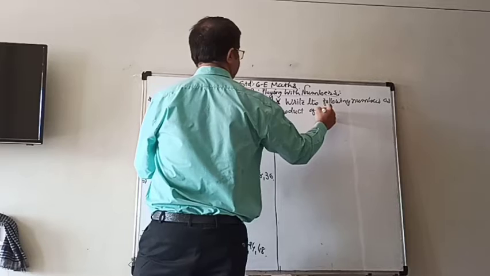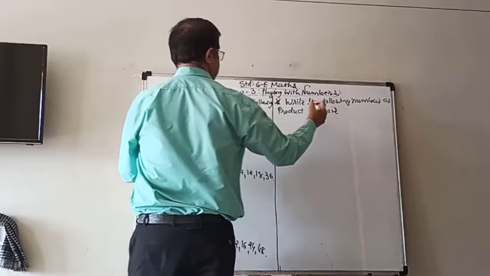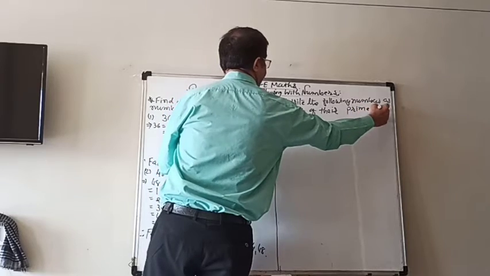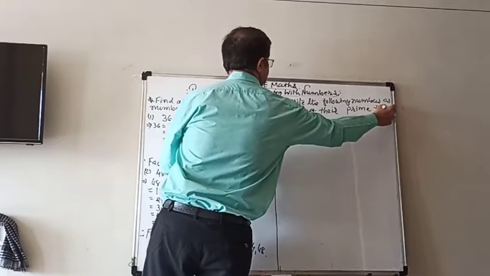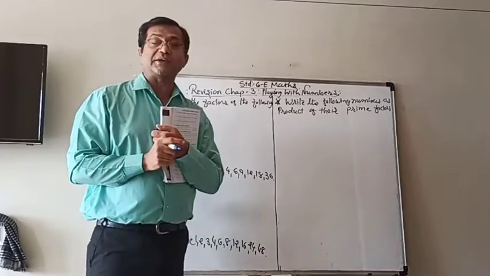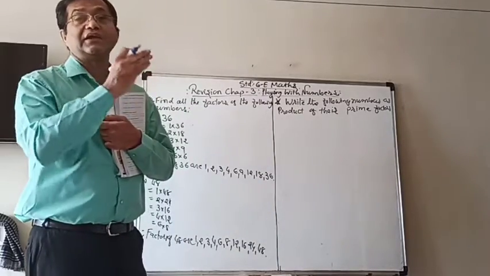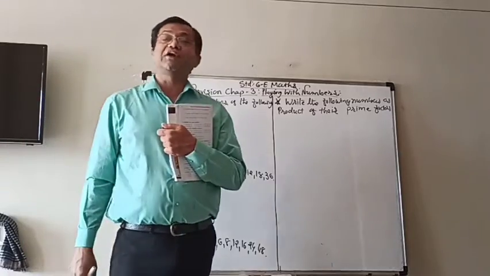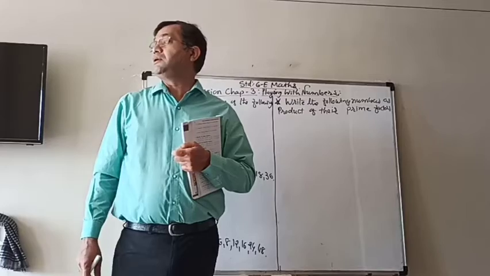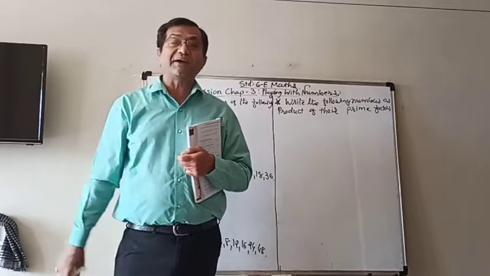Product of their prime factors. So now if you have to write down them as a product of their prime factors, then you know what we have to do. We have to find the prime factors.